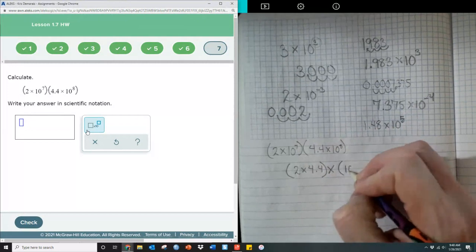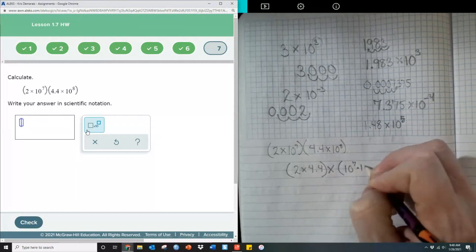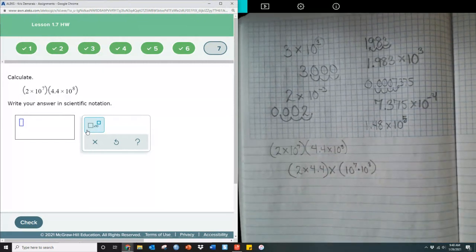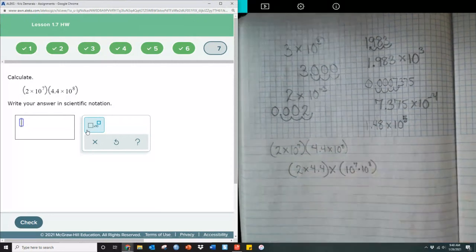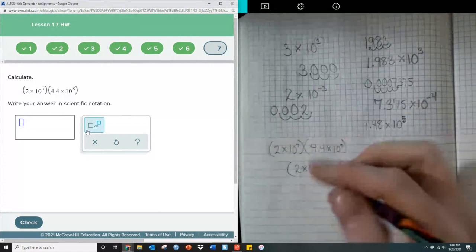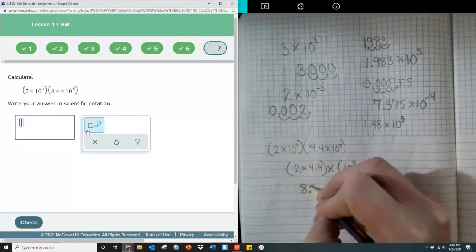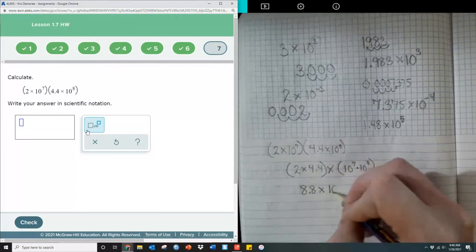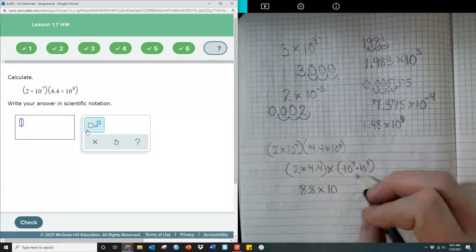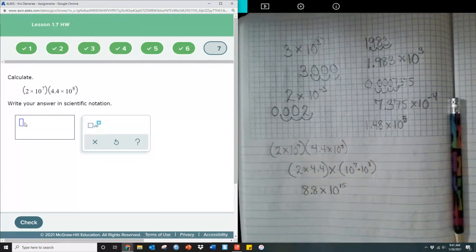And then go ahead and bring these together, the tens with the exponential powers. Now, when we look at this, all we're doing is taking our calculators. We can punch it in. But I think you know what 2 times 4.4 is. So we're looking at 8.8 times 10, and then we add our exponential powers together. So 7 plus 8 is 15. And then that's our answer.